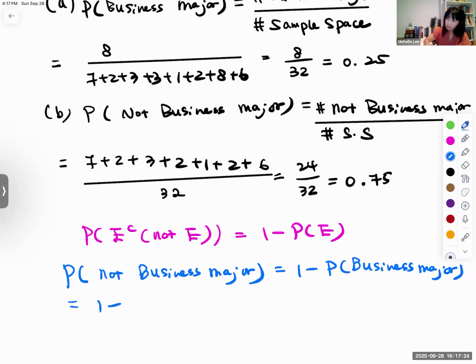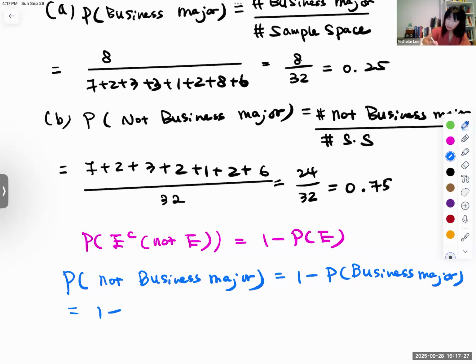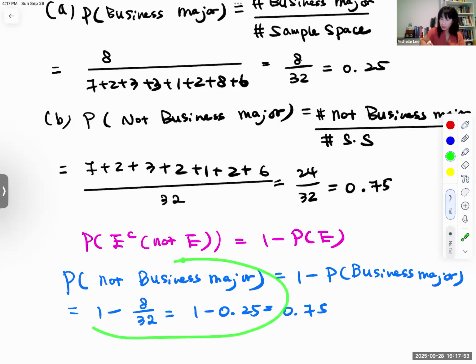What's the probability of the business major from the previous question? We have 8 over 32, right? Or we can use the decimal so that we don't have to make a common denominator, right? So 1 minus 0.25, easy to calculate, 0.75, right? So this is easier, yeah, if we know the formula, right?